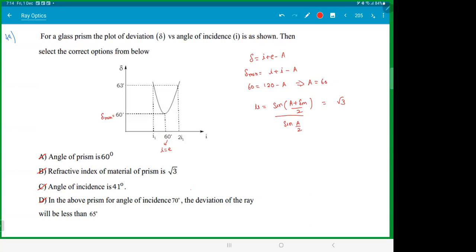That also, again, remember for the same angles of incidence, you get the same deviation. So delta is I plus E minus A. So this guy was 63. I is I only. E is 2I and A is 60. How much was it? 60, 123.